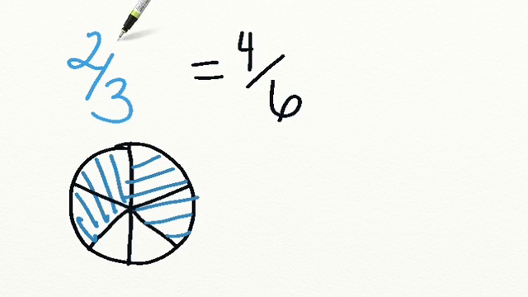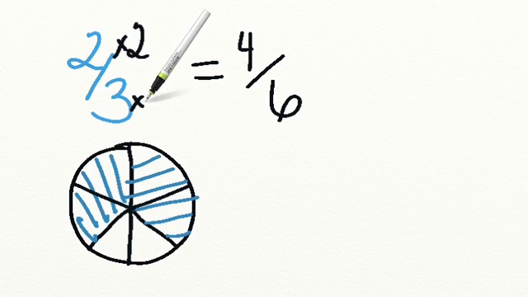If you multiply the numerator and the denominator by the same number, that will give you an equivalent fraction. So in this case, we doubled the amount of pieces that we had. So we multiplied the numerator by 2 and the denominator by 2, and that gave us an equivalent fraction of 4/6.